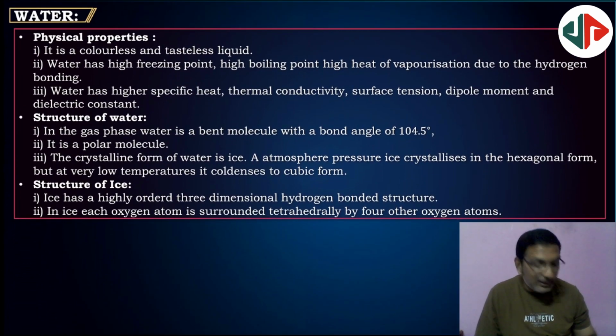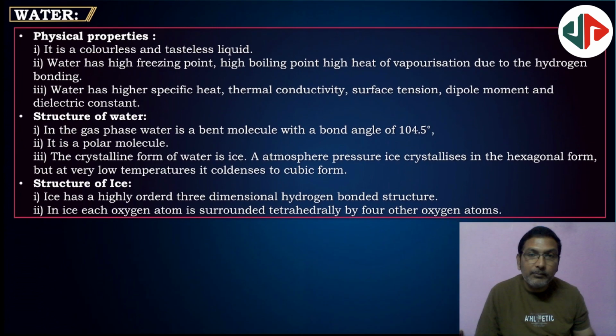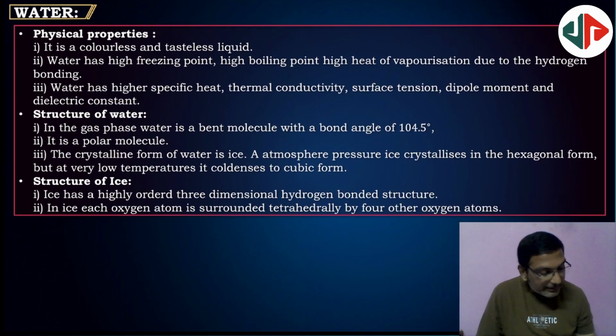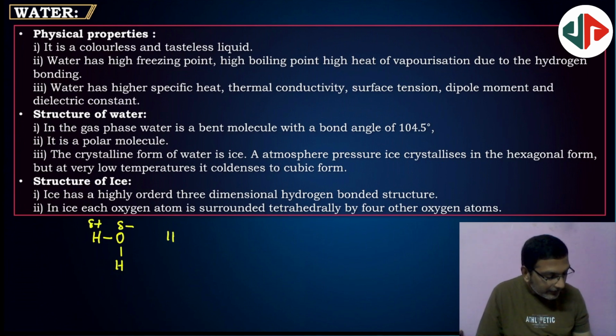Next, about water properties. It is colorless and tasteless. Water has high freezing point, high boiling point, and high heat of vaporization due to hydrogen bonding. Between two water molecules, this is delta minus and this is delta plus.